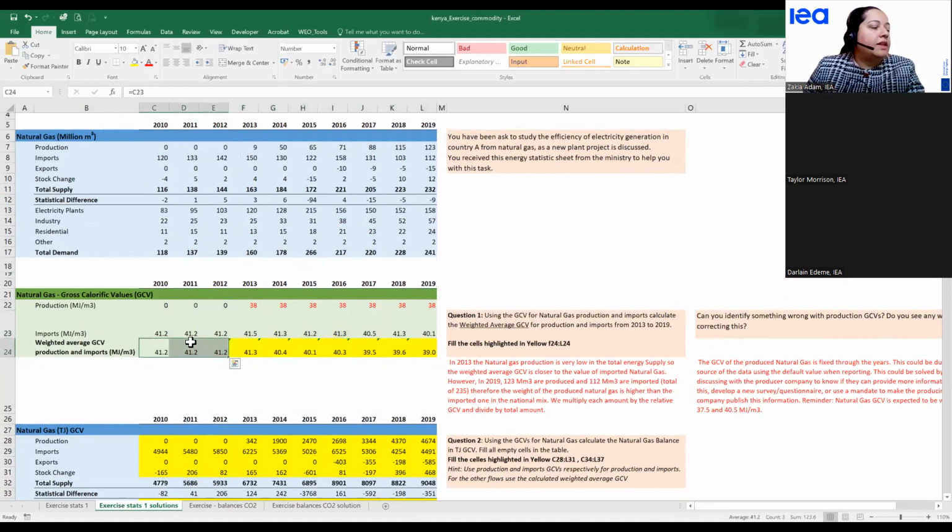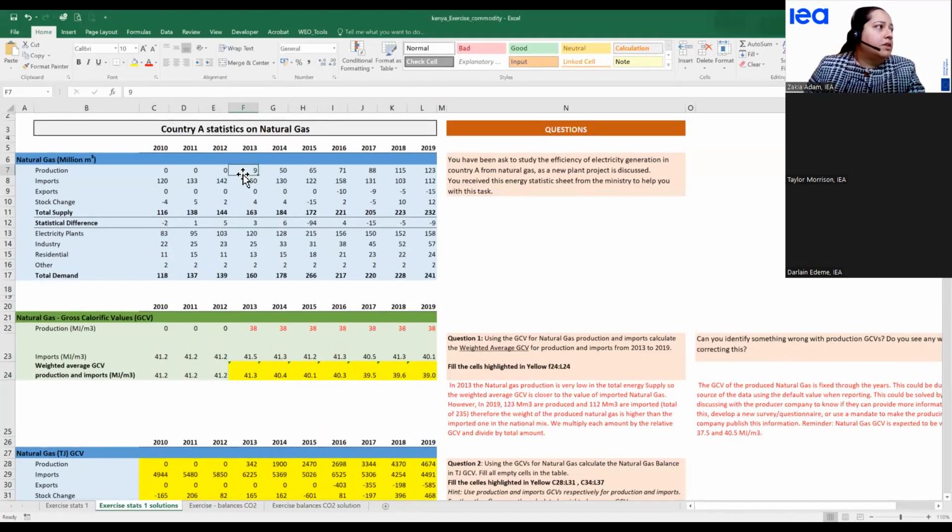So then you have to calculate your weighted average calorific value. For 2010 to 2012, given that there's no production, you don't need to do a weighted average, it's just equal to imports. But for 2013, we discussed this many times in the presentation, how to do the calculation for weighted average. It's very easy.